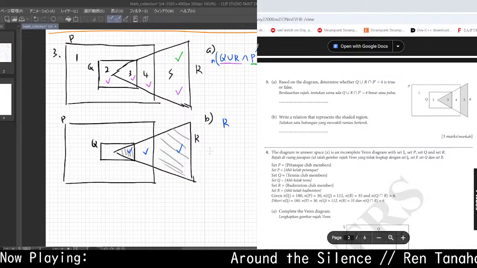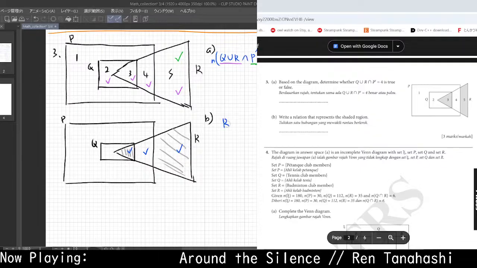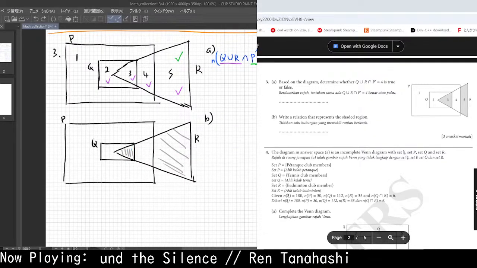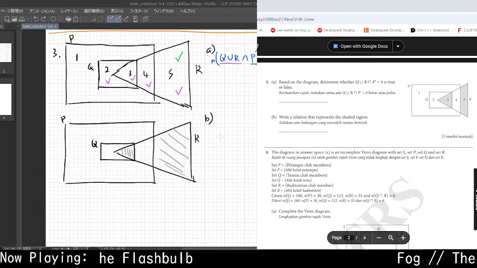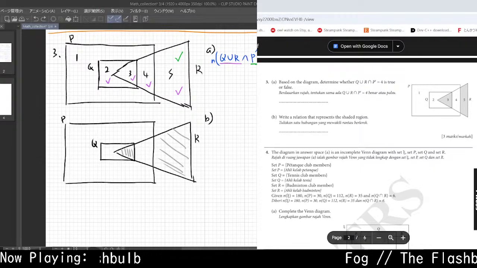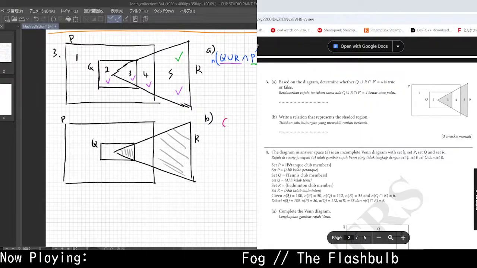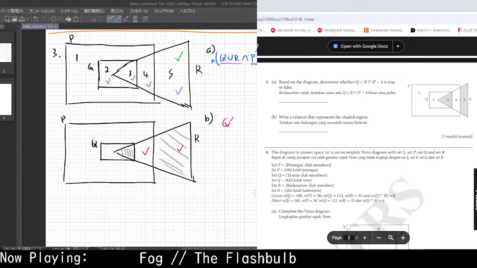The portion outside Q, let me just change to a different layer so that I can erase whatever I want. The portion outside Q happens to be this thing and this thing over here.